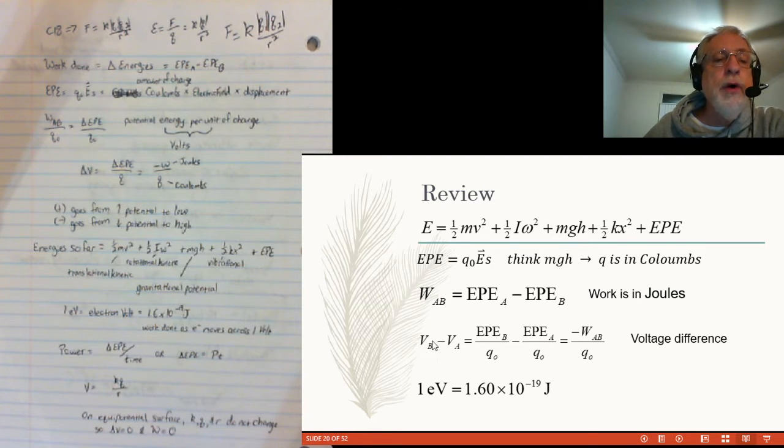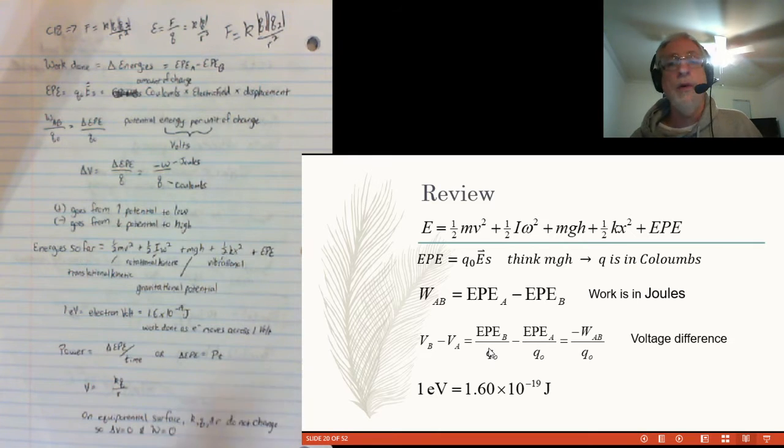And we have voltage difference, which is electrical potential, equal to change in electric potential energy divided by the charge. And we had an electron volt. So these are things that we've discussed so far. Let's go on to new stuff.